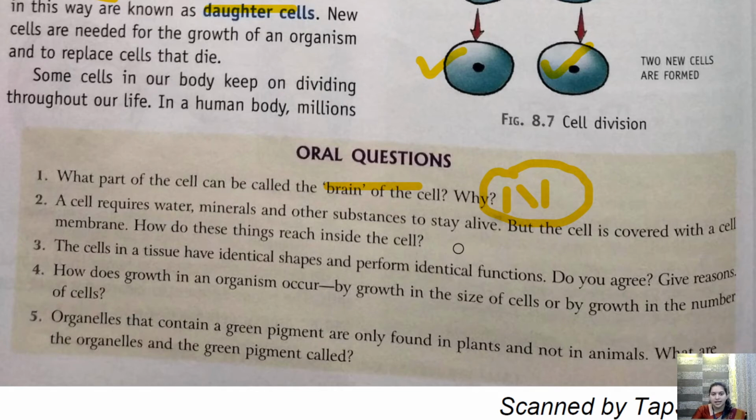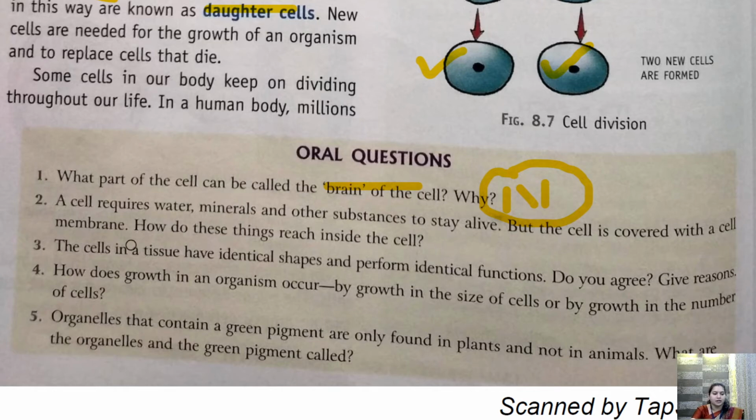So the question is saying that to make the cell survive we need water, minerals and some other substances, but on the outer layer of the cell the cell membrane is present, so how does the cell get these things? So we know that cell membrane is semi-permeable in nature and it allows all these contents to pass through it. So that is how all these substances reach the cell. Okay. So what will you write? You will write because cell membrane allows these substances to pass through.